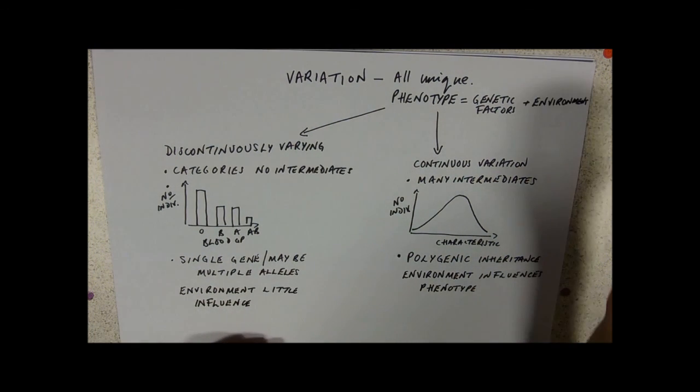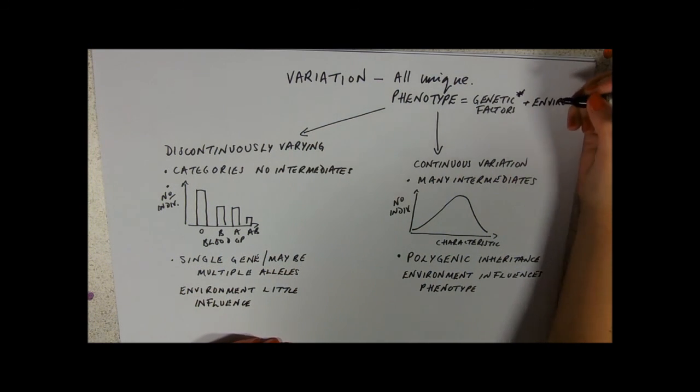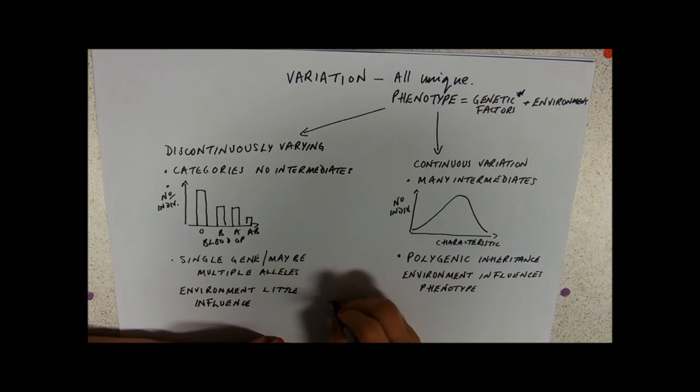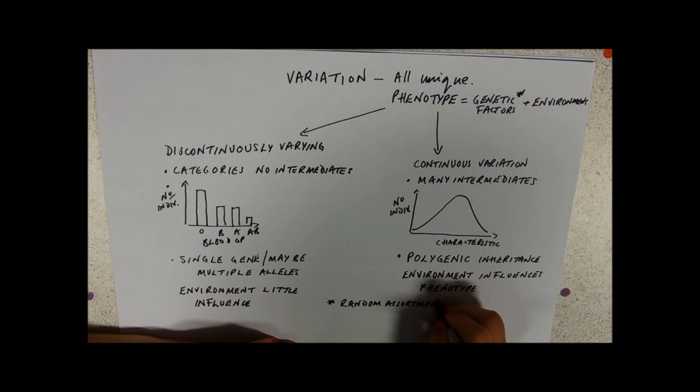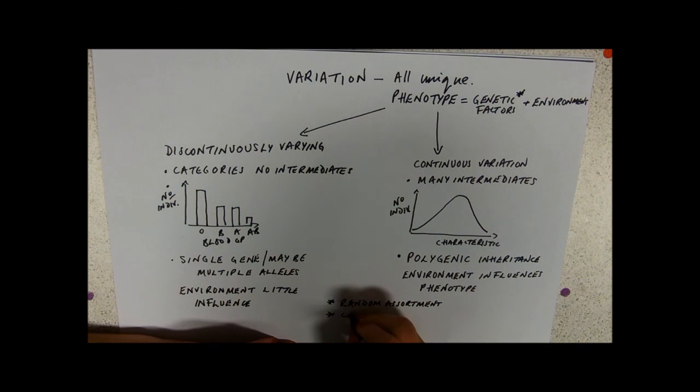And just as a reminder of what we mean by genetic factors, these are things like random assortment that makes us all look different, crossing over, mutation, random gametic fusion, and that's what a Punnett square shows us really.